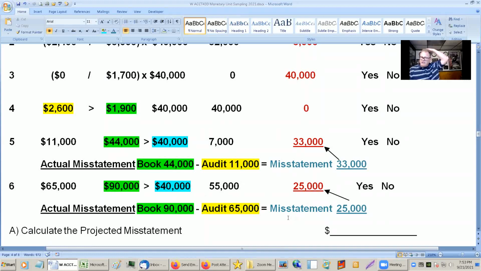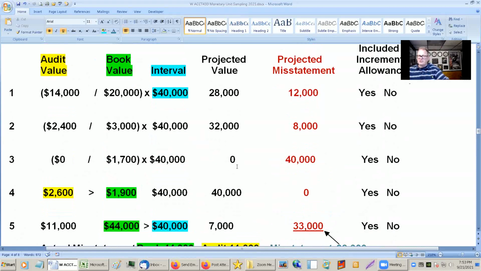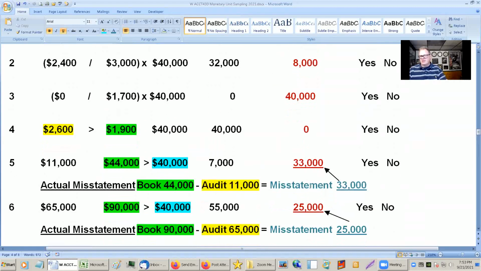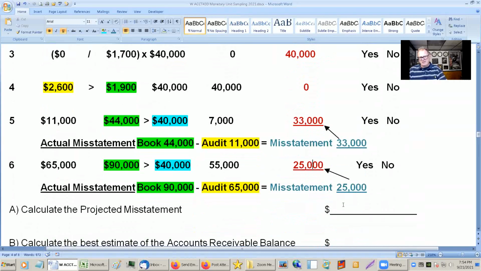Now, if we had all 20 of these items, you could add up the projected value and then figure out the projected misstatement. But we can also just do it from the projected misstatement. So whatever this is, it's 118,000. Is that right? I'm going to check my number on that one.